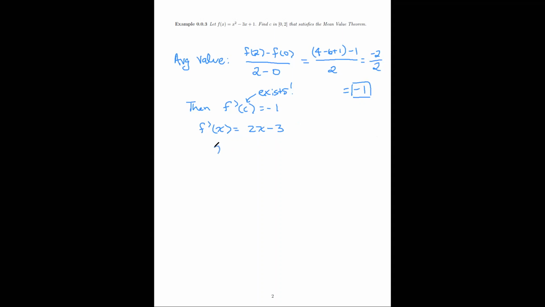And then we want to find the x that satisfies the equation our derivative equals negative 1. So we can just solve for x. Let's move that 3 over to say 2x equals positive 2. And then divide both sides by 2, so x is going to equal 1. So 1 is the value that the mean value theorem guarantees exists, where the derivative equals this slope.